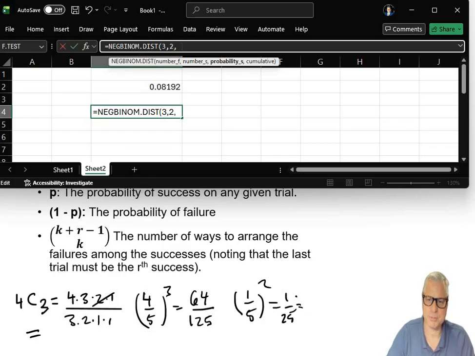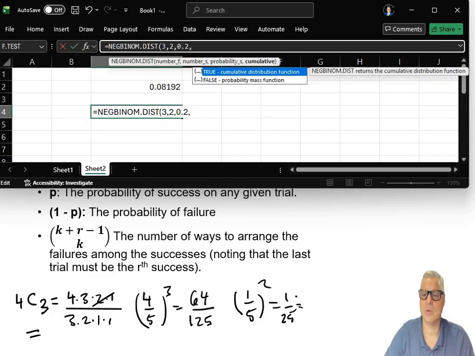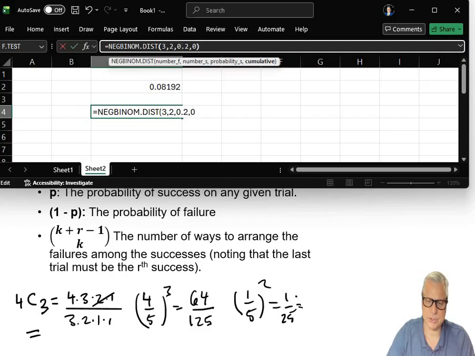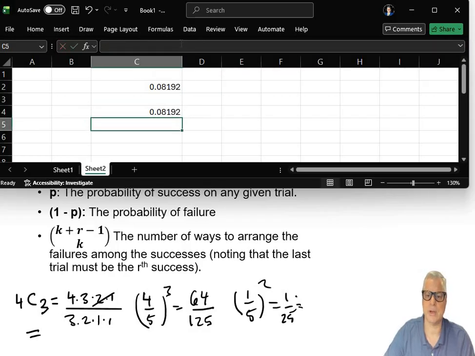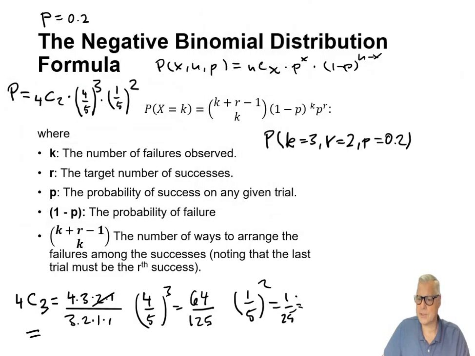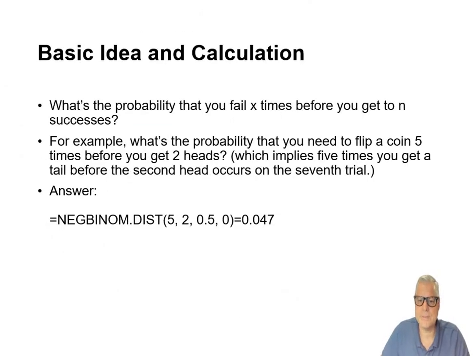The success probability is saving with a probability of 0.2. We don't want it cumulatively, so that's 0. And now let's see if we get 0.08, which is the same. So there's still some intuition to it. And let's go to the last slide.